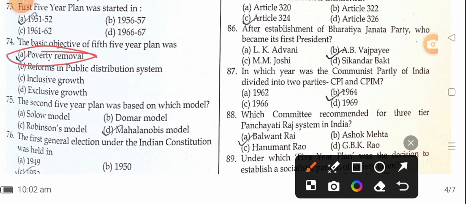In which year was the Communist Party of India divided into two parties, CPI and CPIM? 1964. The Communist Party was divided into CPI and CPIM in 1964.